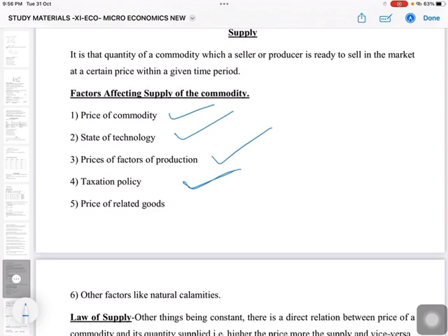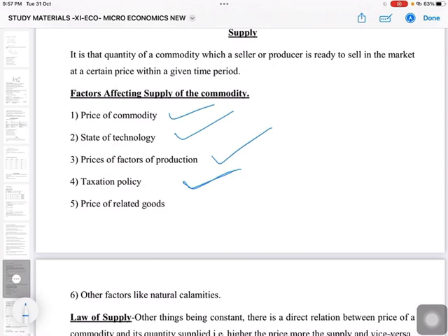Suppose rice and wheat, these two are related good. With the rise in price of rice, the supply of wheat will fall down. Because जब राइस का प्राइस बढ़ेगा, the producer want to produce more quantity of rice instead of wheat, so that the supply of wheat fall down even if the price of wheat remains constant.